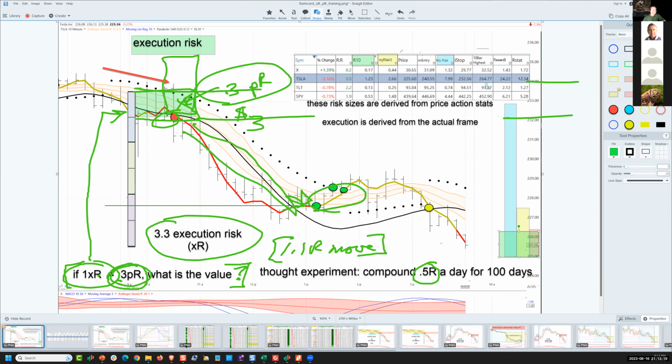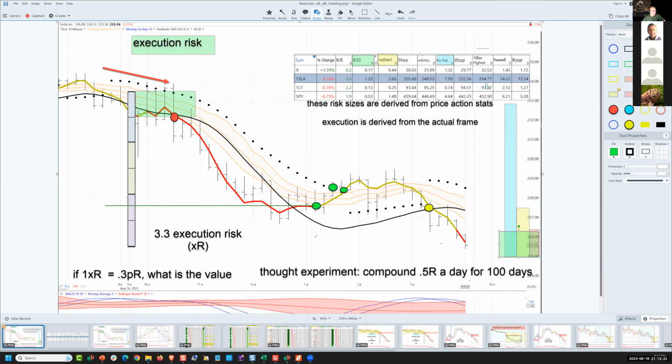All right? So if that was the trade that I did today, and now after a couple hours of work, I'm at 1.1R. Now, let's just say that with the sum total of my trading, if I can net 0.5R a day for 100 days, I want you to compute what it means to compound 0.5R a day for 100 days.